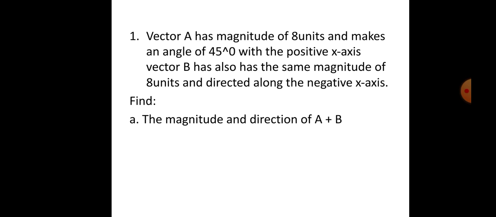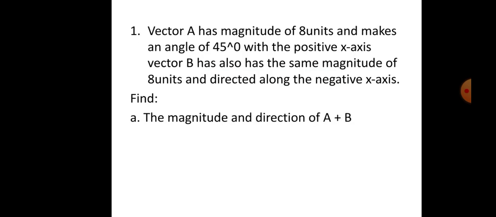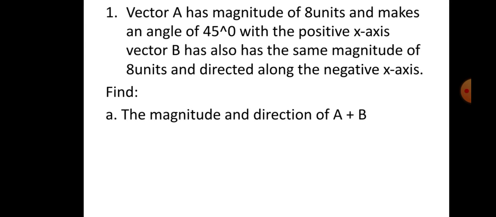The first question: Vector A has a magnitude of 8 units and makes an angle of 45 degrees with the positive x-axis. Vector B also has the same magnitude of 8 units and makes 45 degrees with the negative x-axis.